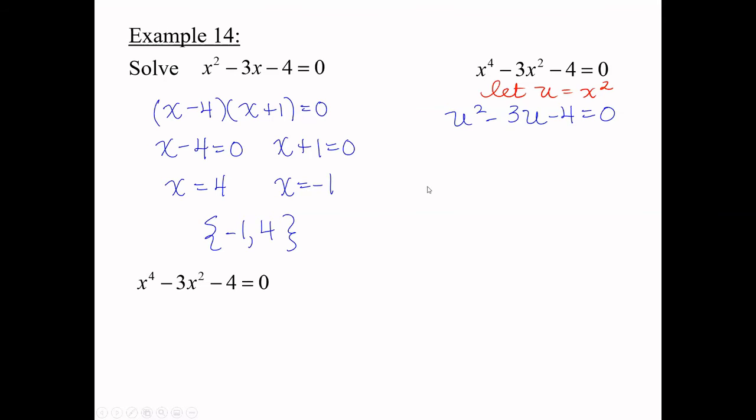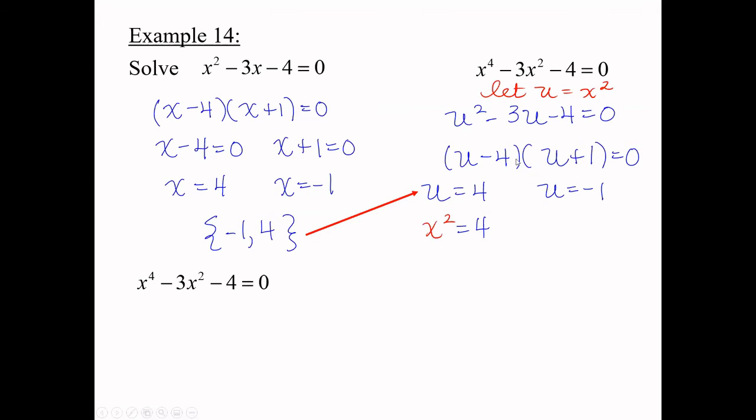Now we're going to factor this. Well, it factors just like we did here. And I get those two products, except I'm not done yet. And you notice this produces the same values here.